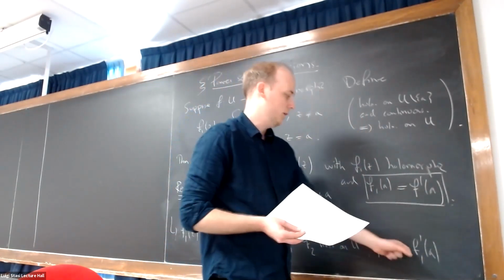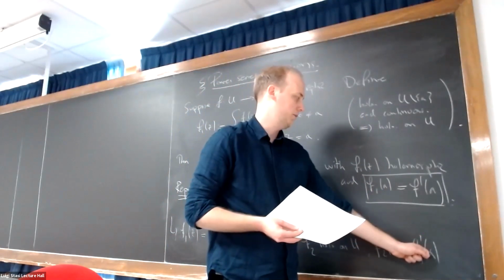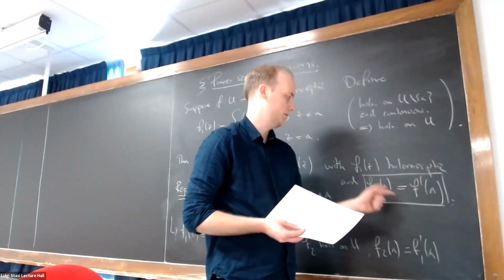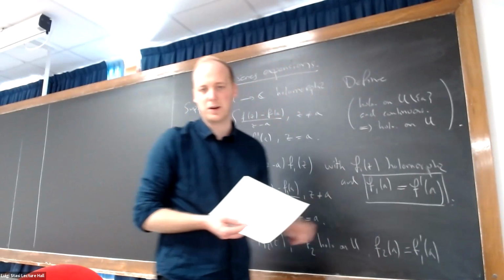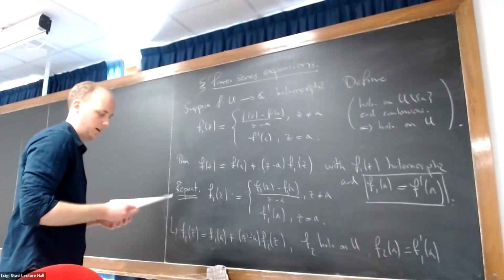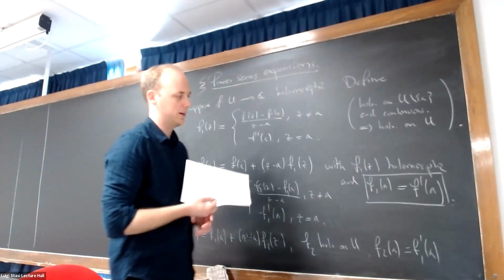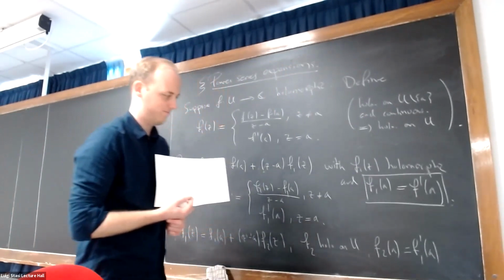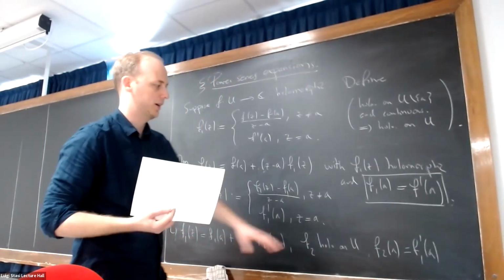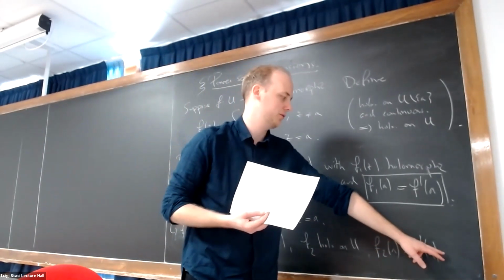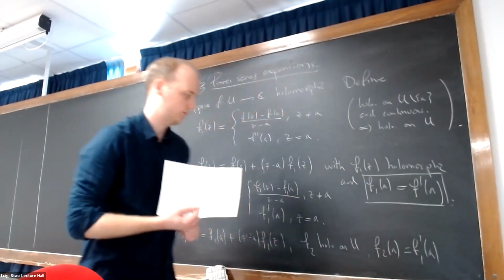And then if we want, we can also write f1 prime of a in terms of some derivatives of the original function f. What should it be, if anybody can see it? If you want to write this one in terms of derivatives of the original function f.